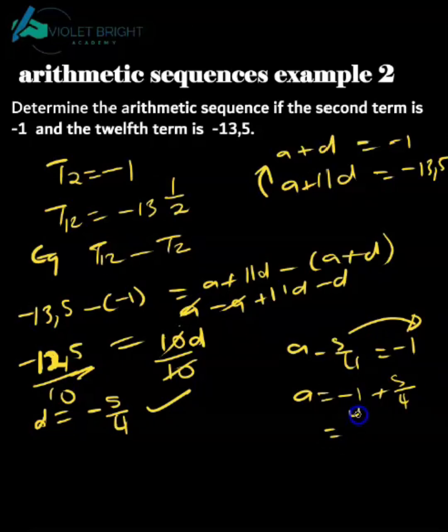Since it's gonna be minus 4 over 4 plus 5 over 4, it's gonna give us 1 over 4 as the answer. So you can see that we found a and d, both equations or both steps, they just work.